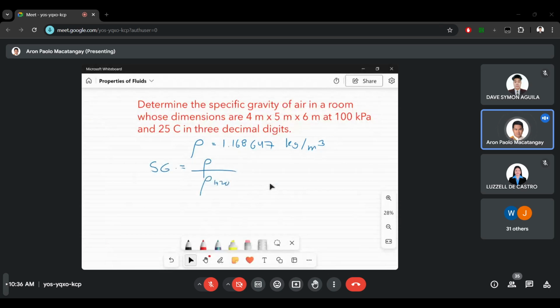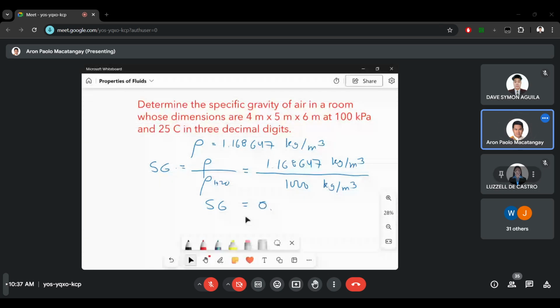Okay, so this is equal to 1.168 647 kilogram per cubic meter divided by 1,000 kilogram per cubic meter. Okay, so this is equal to SG.